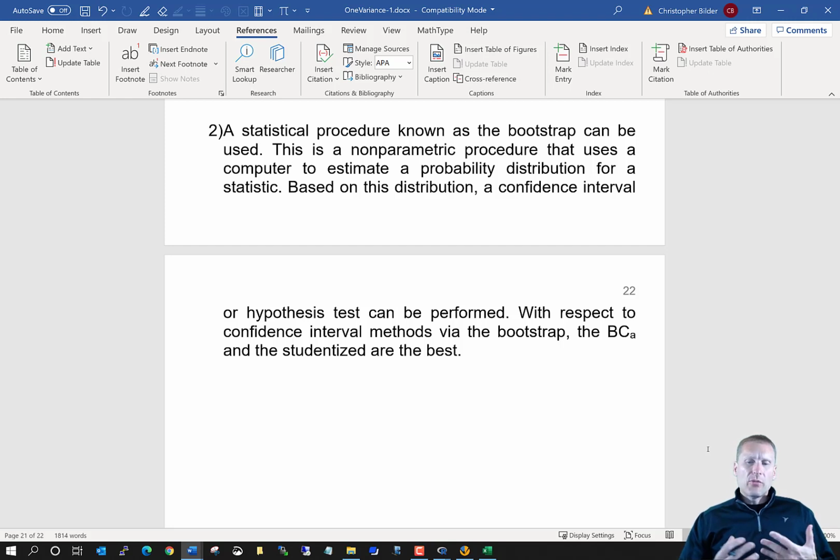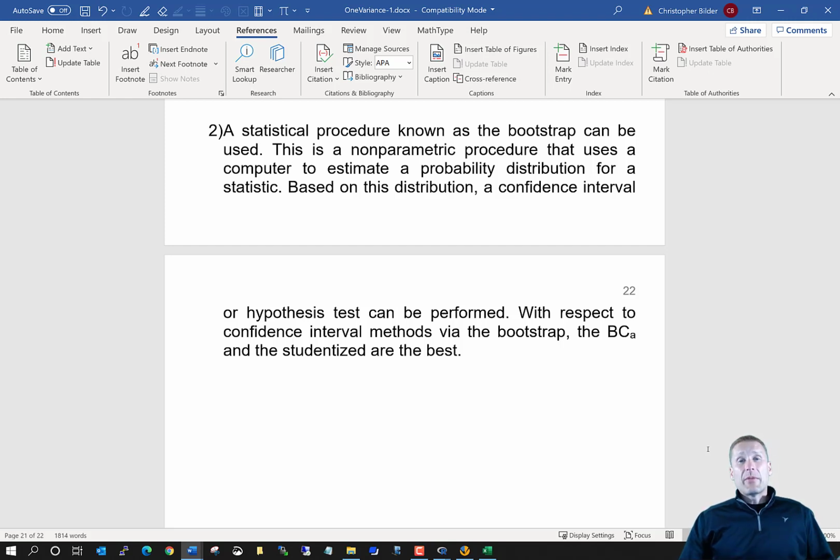The bootstrap can be used in a wide variety of situations, not just this one here. One could use the bootstrap to find a confidence interval, or to do a hypothesis test as well. And you don't have to worry about having any kind of normal distribution assumption.